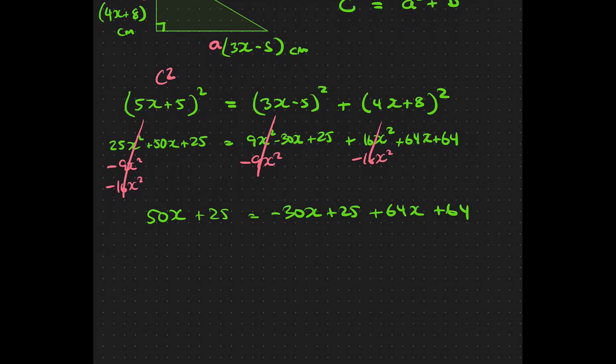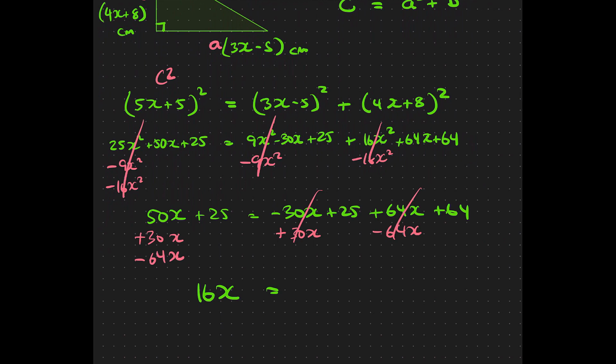I got negative 30x, so I'm going to add 30x right here, and I'm going to subtract 64x, and that will kill both of those. And if I add 30x to this side and subtract 64x right there, I'm going to end up with, let's see, 80 minus 64 is going to leave me with 16 x's. So I got 16 x's right there.